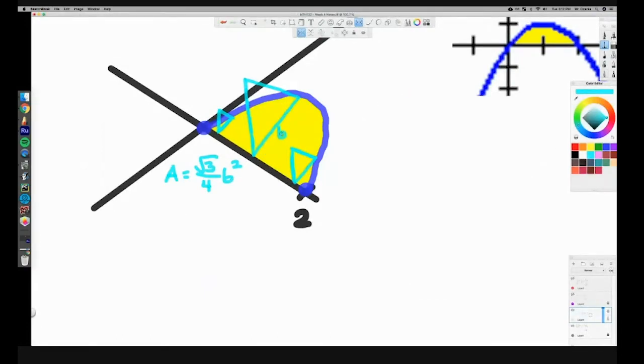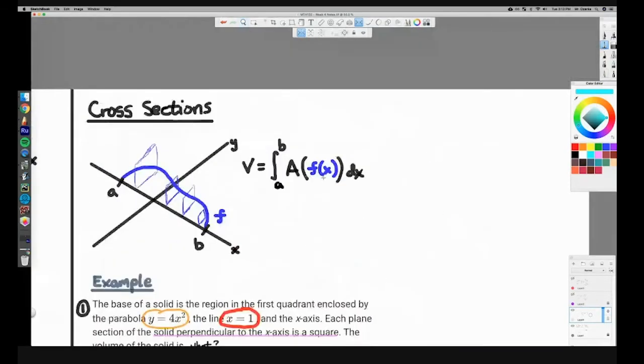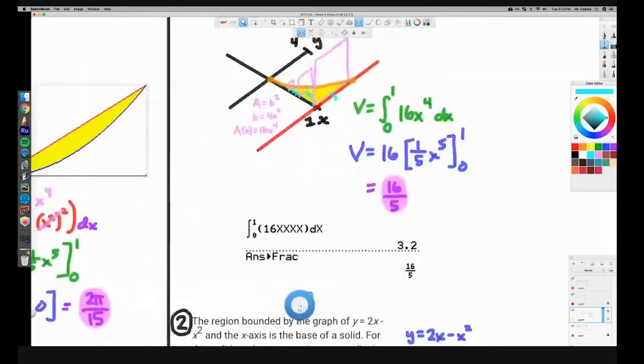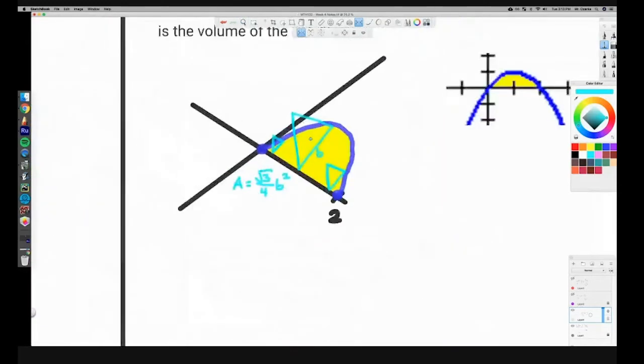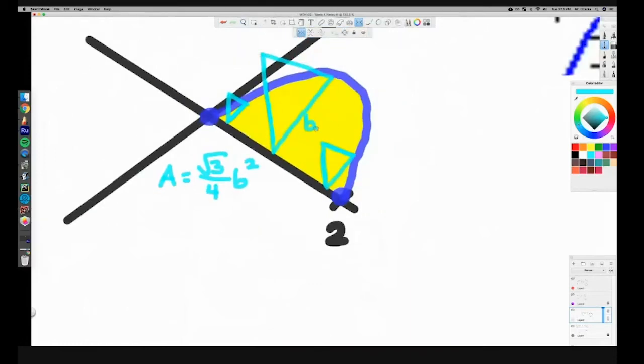But we need B in terms of x. The area has to be in terms of x. So, we do know that B is equal to what? Any of the bases are going to be equal to 2x minus x squared. Now the base squared, you just square both of them.